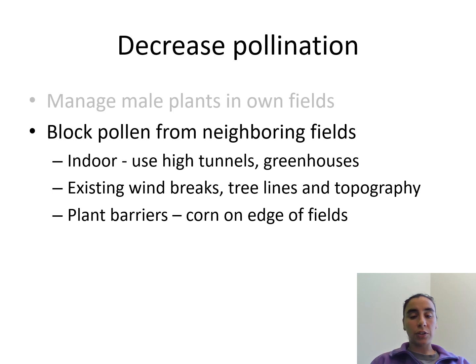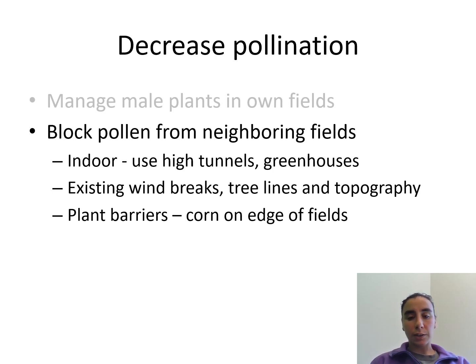However, if you don't have windbreaks or tree lines and don't want to wait 10 to 15 years to plant hemp, as well as have flat land, you can also plant annual species to help block the pollen movement. A lot of growers will plant corn around their hemp fields, and corn will grow significantly taller than the hemp and should be able to block a lot of that pollen flow.